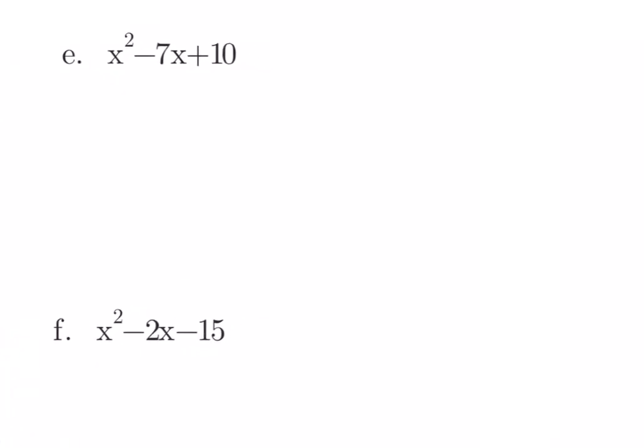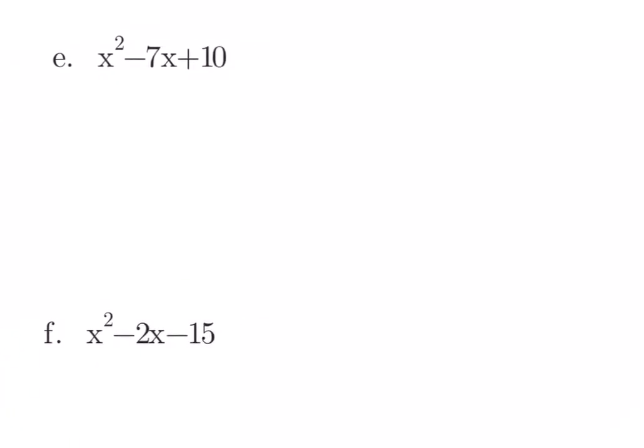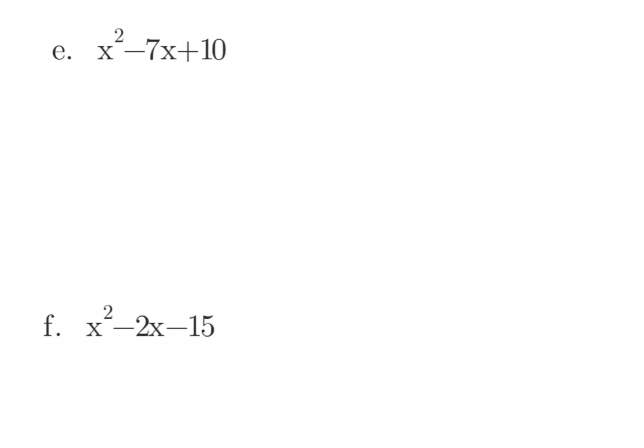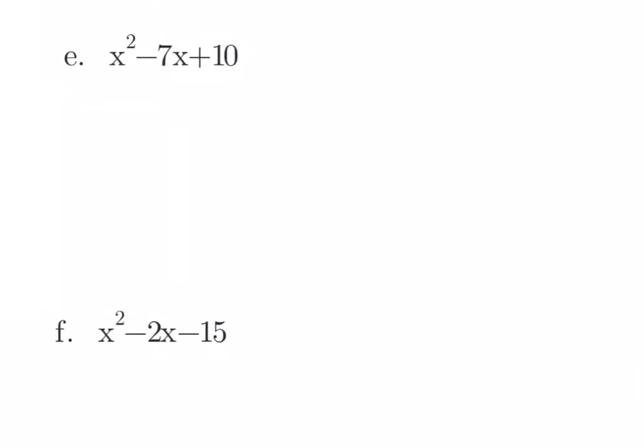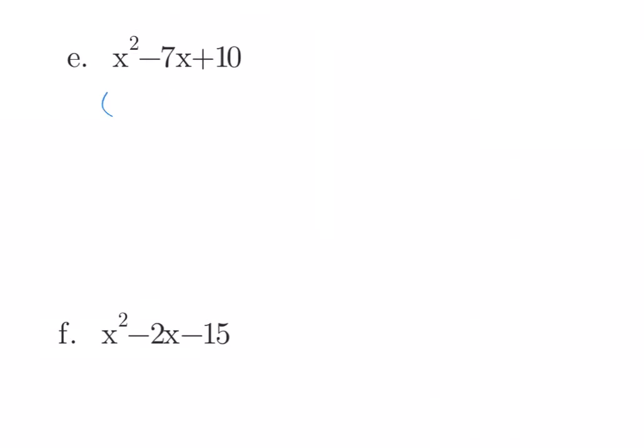All right, example E. Let's see what we got here. We're going to set up our parentheses. Our firsts are x and x. We are multiplying to positive 10, tells me same signs.